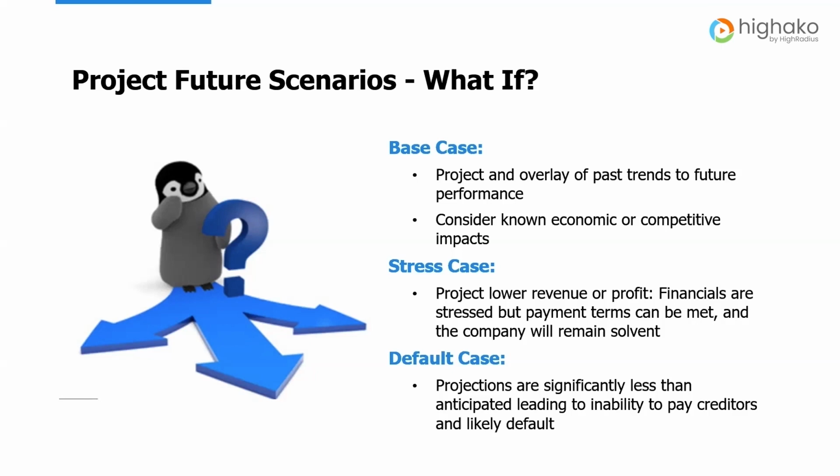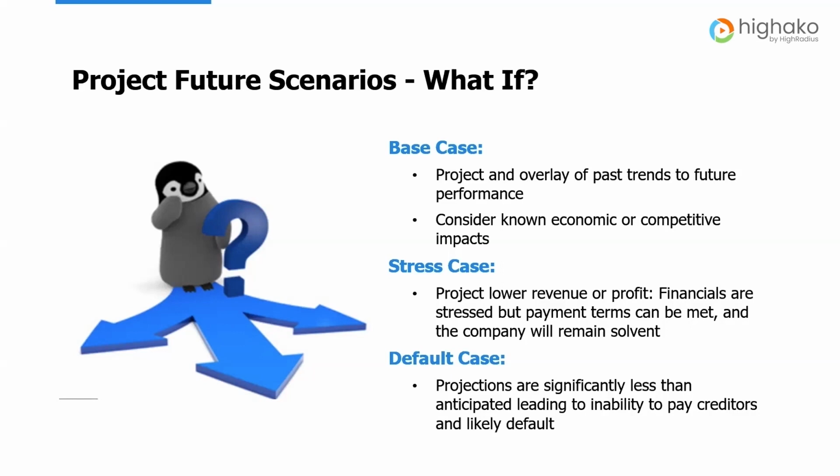So you can say, well, if revenue went down by 10%, what does that do to the viability of the company? Are they still going to be able to pay their obligations? And then you can set a default case. Well, if it went down 20% based on extending the base case, going down by 20% in revenues or profit, then the company will not be able to meet its obligations.